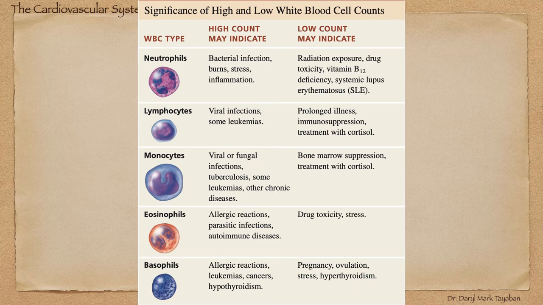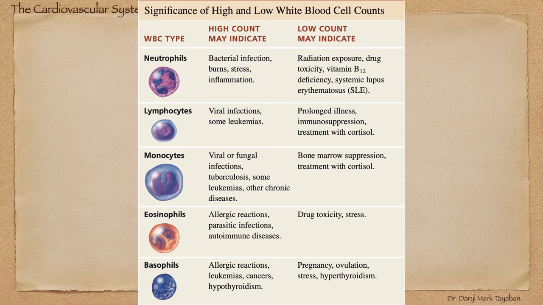So you cannot diagnose your patient right away, saying, "Mom, you have leukemia because you have somehow elevated lymphocytes." No, you cannot say that. Have further workups and correlate it with the symptoms that the patient is experiencing. Most commonly we diagnose a patient with elevated lymphocytes to have a viral infection.